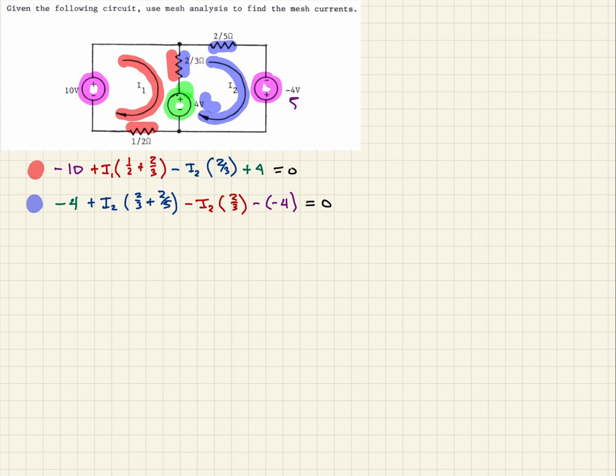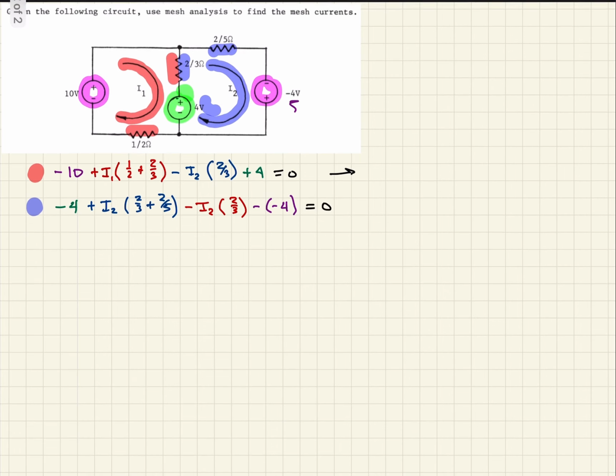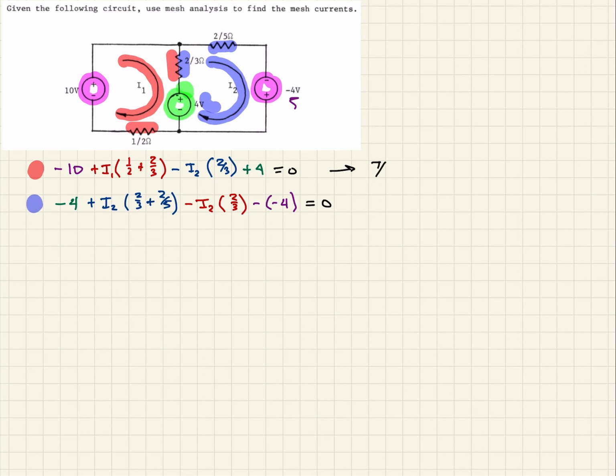So now we should be able to combine like terms and multiply through, do some simplification. And when we do, the top equation ends up being 7/6 of I1 minus 2/3 I2, and that's going to equal 6.